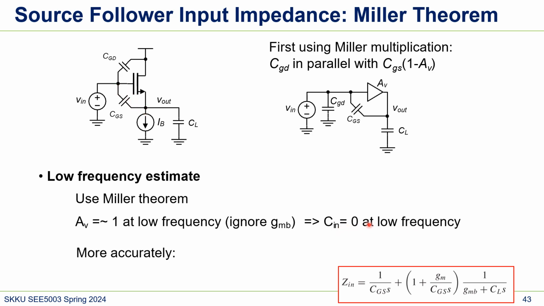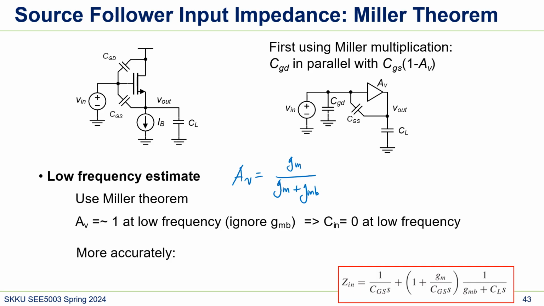But more accurately we can use GMB, because in this equation from the previous slide, for a full calculation, we also consider GMB. So if you use GMB, the gain would be this one, right?